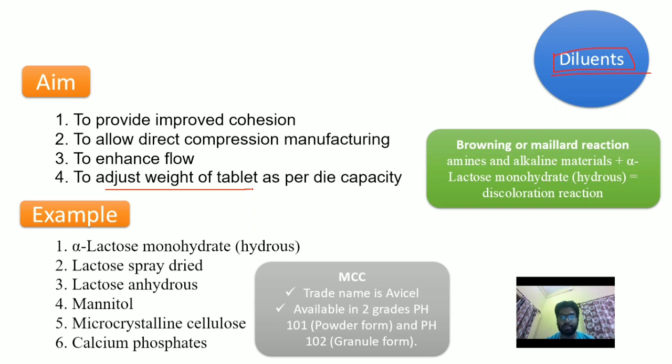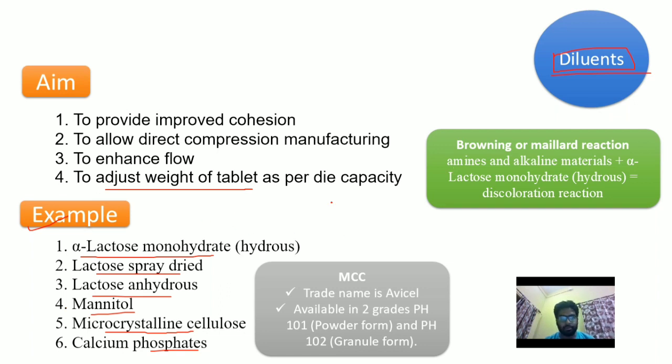That is why you need some other additives or excipients with no pharmacological effects. The examples of diluents are alpha lactose monohydrate, spray dried lactose, lactose anhydrous, mannitol, microcrystalline cellulose or MCC, and calcium phosphate.